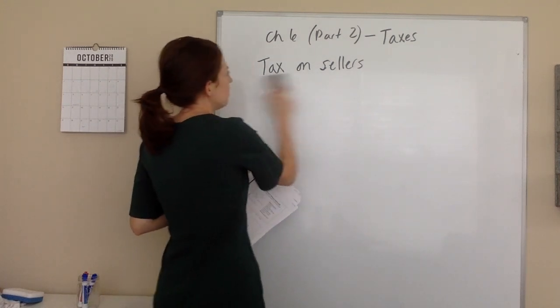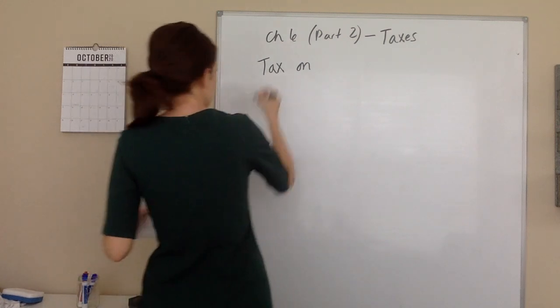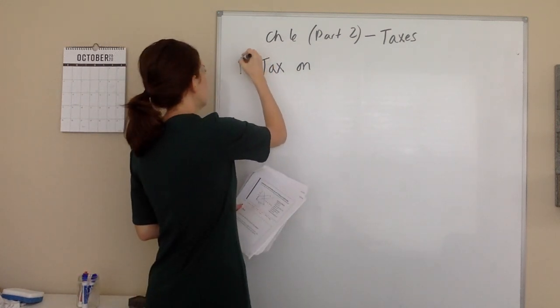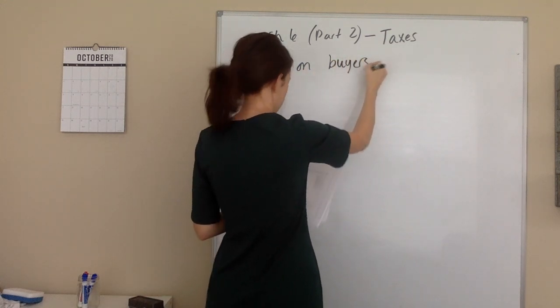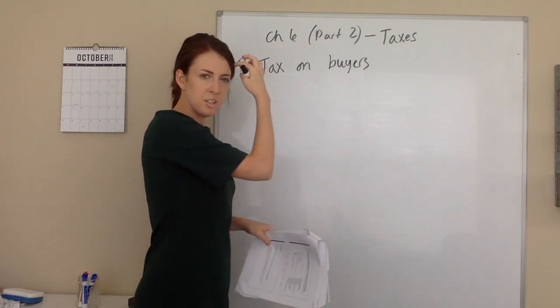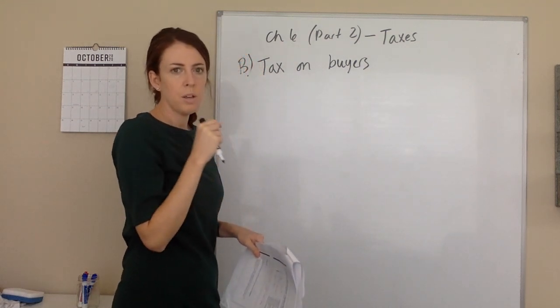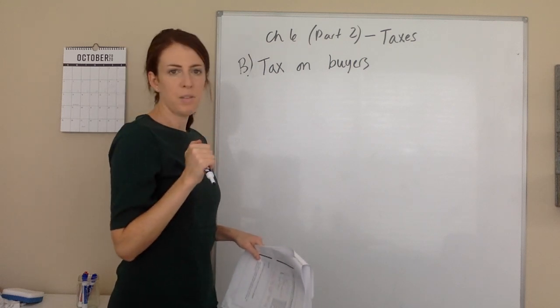Okay, so B is going to be a tax on buyers. Now let's think again, conceptually, about how this would work. Let's think about the market for cars.